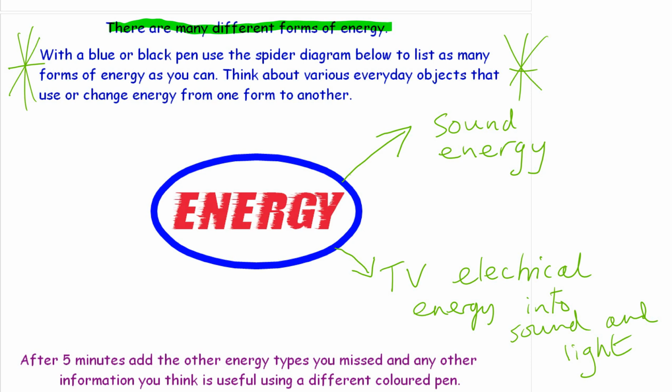If you find anything interesting about energy, you can put it in here. Also, look up on the internet, what are the units for energy? What do we measure it in? Like, for example, time, we can measure in days or hours or minutes or seconds. What are the units for energy? Now, this is going to take you 20-30 minutes to have a go at.